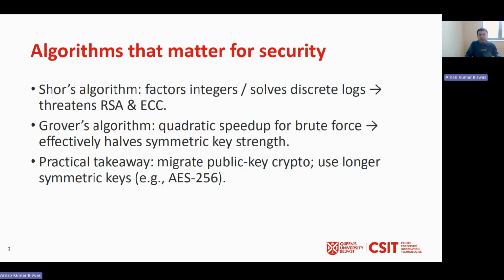The main practical takeaway is that we need to migrate the public-key cryptographic solutions as soon as possible, instead of waiting for realistic, high-computing-power quantum computers to arise, and use longer symmetric keys for block ciphers like AES 256.